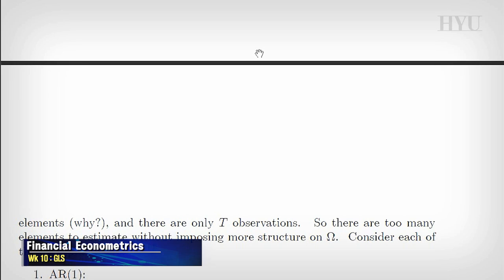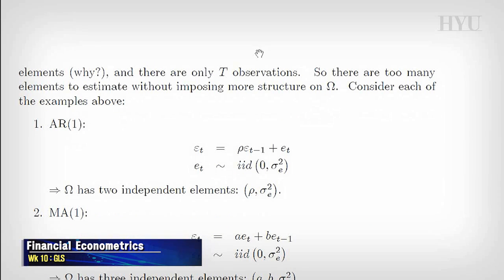But if we take into account the covariance matrix omega, we have T(T+1)/2 unknowns. So basically, we have too many unknown elements to estimate with only T observations. Without imposing some restriction on the omega matrix, we cannot estimate omega.